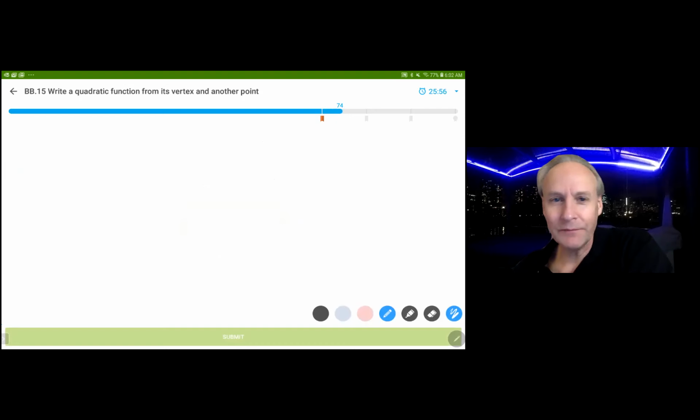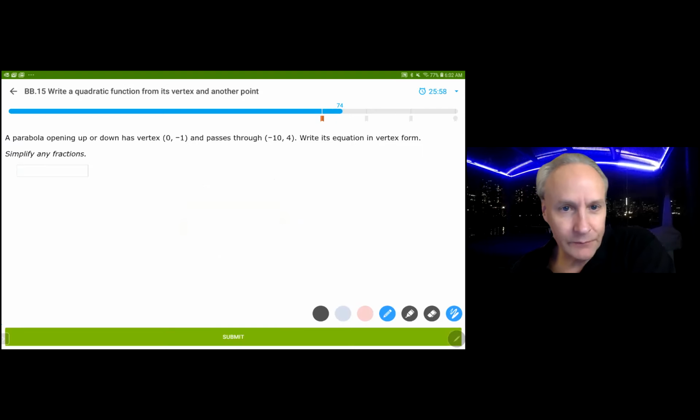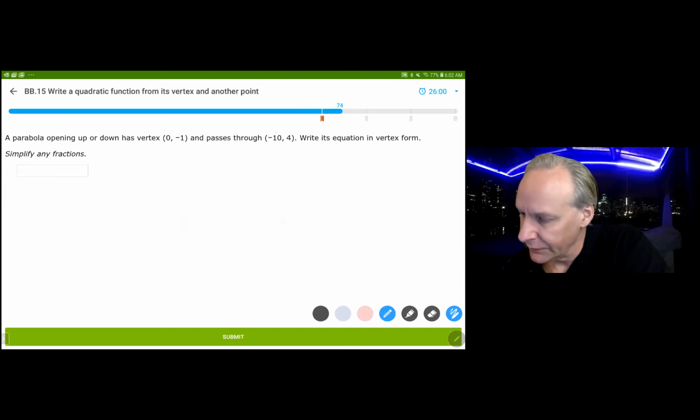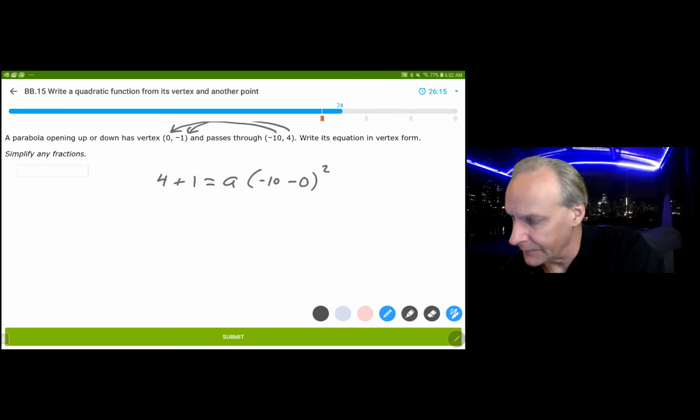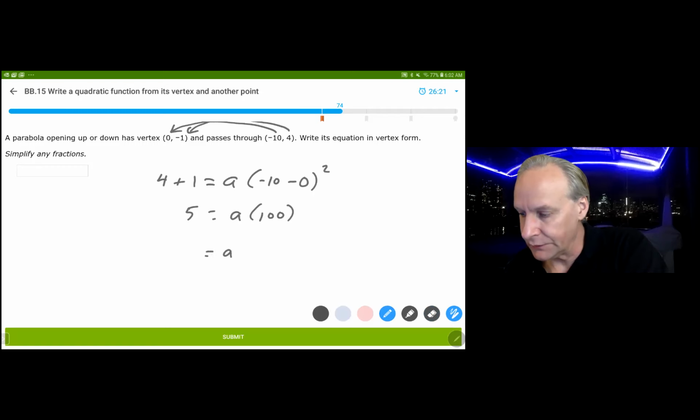Let's do one more. Maybe a couple more, I don't know. Oh, another easy one. So we've got 4 plus 1. Notice that I'm going this direction. -10 minus 0 squared. I just wanted to forget the -0 because it doesn't matter. And we've got a times 100 is equal to 5. And so a equals 1/20.